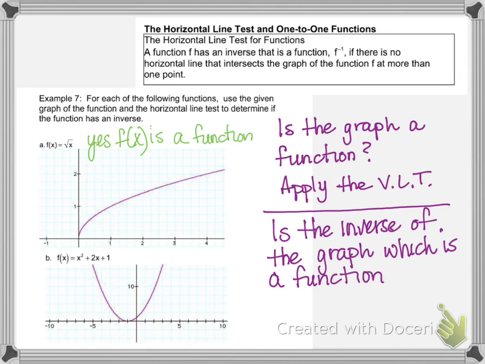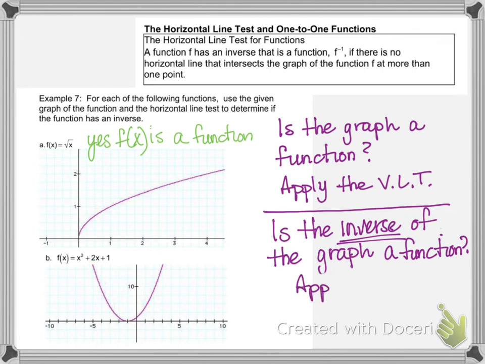I guess this question is going to be really complicated if I write it the way I did, so I'm going to keep it simple. I don't want to confuse you. All right, is the inverse of the graph a function? When you're asking that question, you are going to apply the horizontal line test.